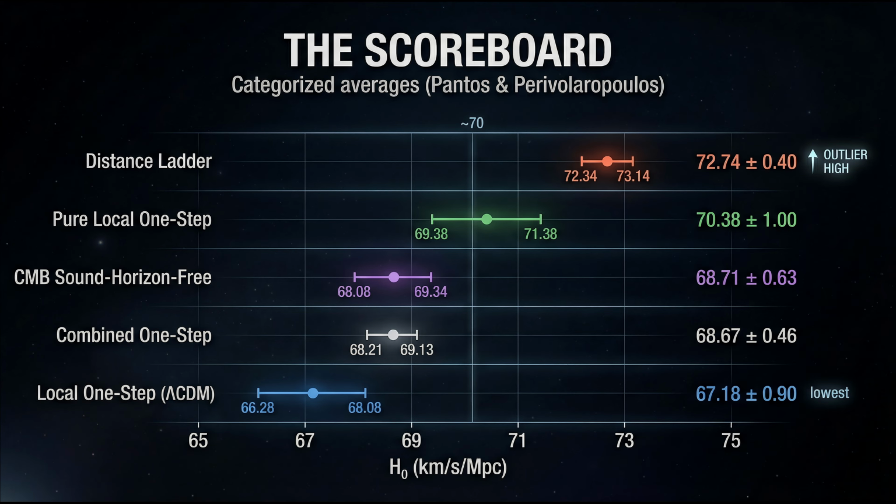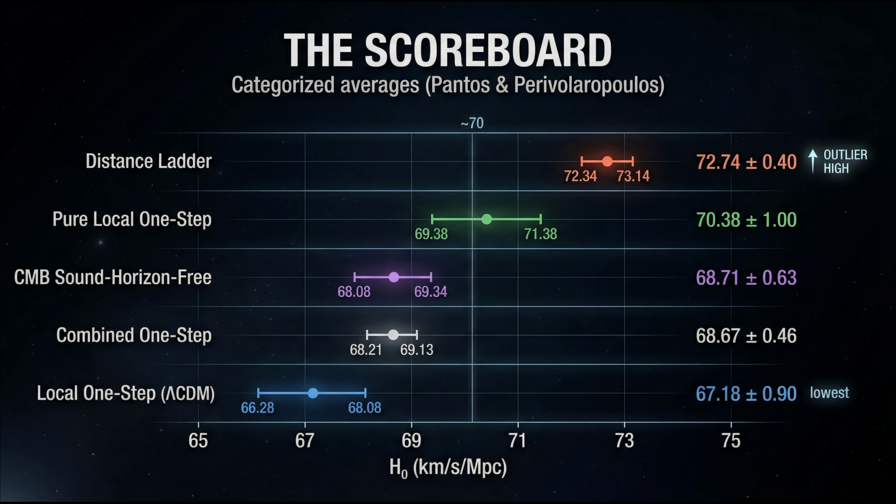Local one-step, assuming ΛCDM: 67.18 plus or minus 0.90. Pure, local, one-step: 70.38 plus or minus 1.00. CMB sound horizon free: 68.71 plus or minus 0.63.